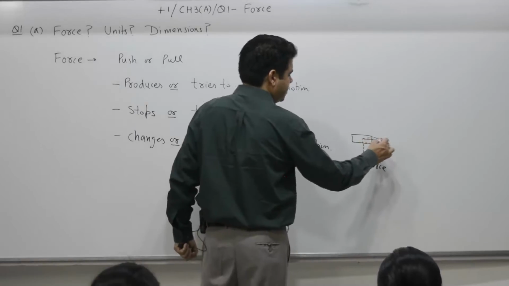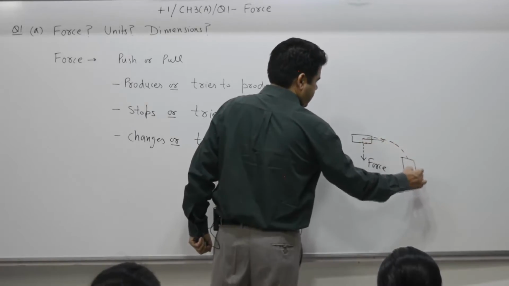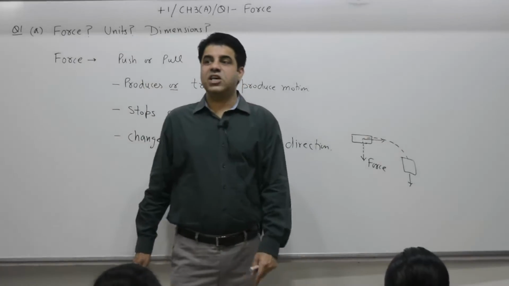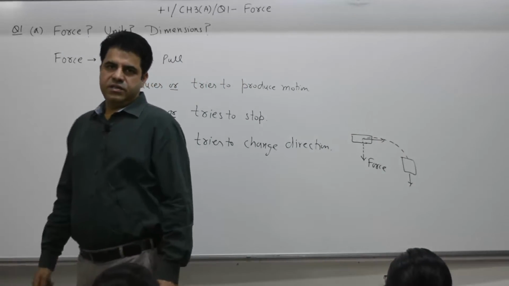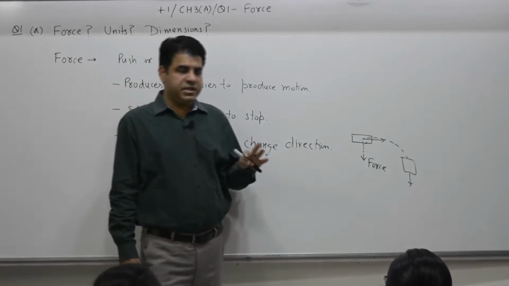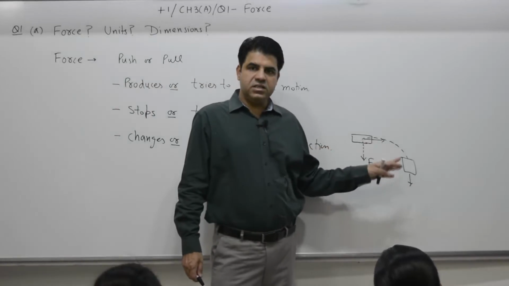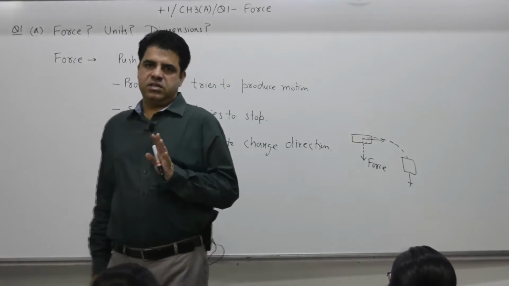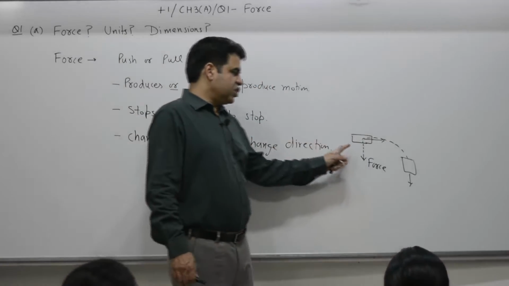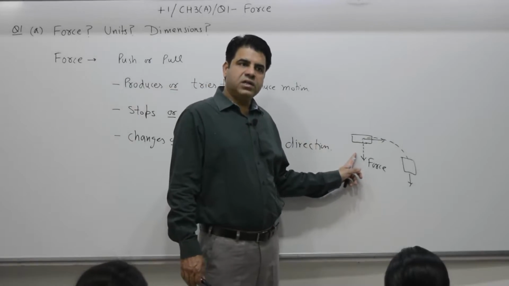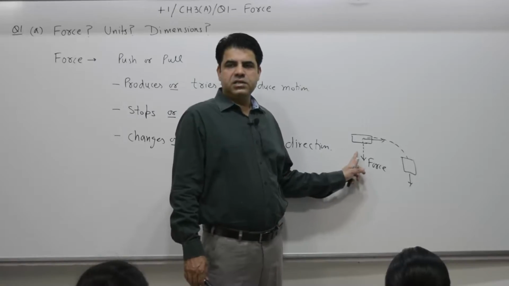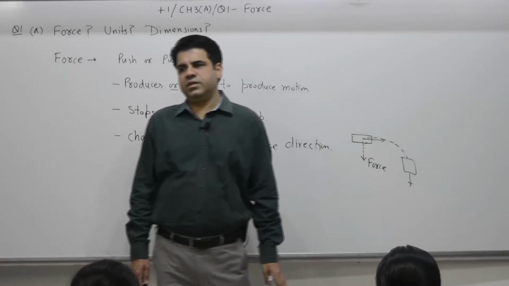The outcome is that the object will be set in circular motion with the same speed. That means speed remains the same, but only the direction changes. So this force has done what? Reduce the speed? No. Increase the speed? No. But it changes the direction.